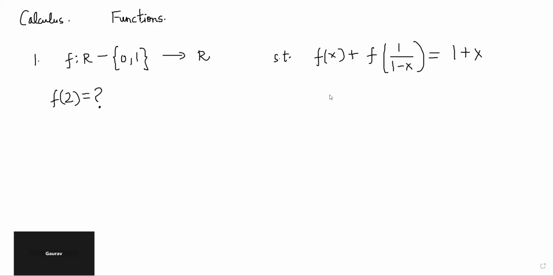So you have to use this relation to find the value of f of 2.